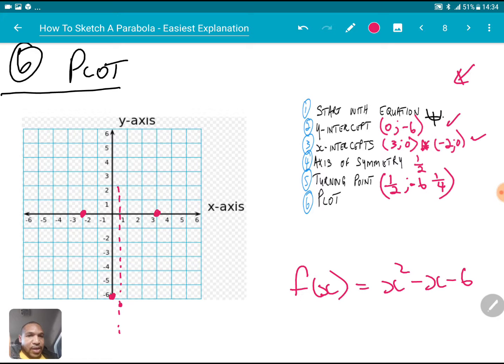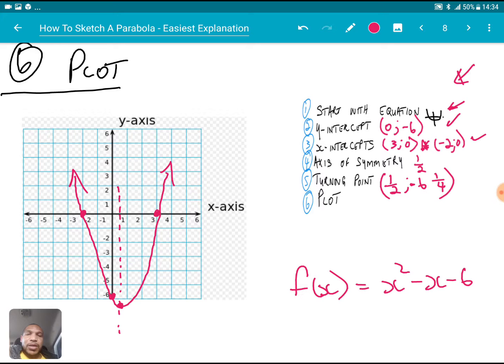Let's say it's there, and that's all I need to draw to graph my parabola. Now I simply connect the dots, and there we go. As we can see, my sketch looks like I anticipated, and that's that. So, easy to follow steps.